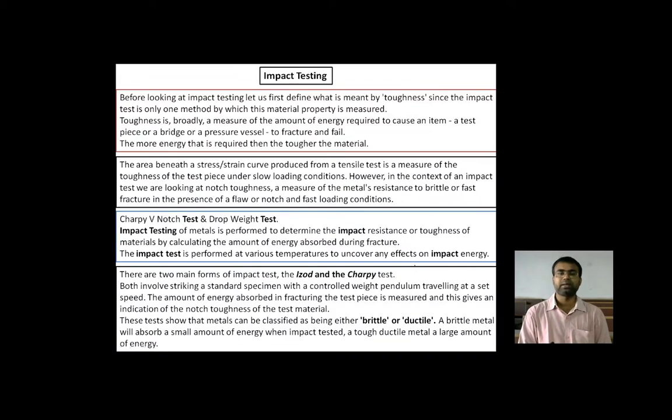So in mechanical engineering, it is very much required to check the physical property, or as you can say, the mechanical property of a material.